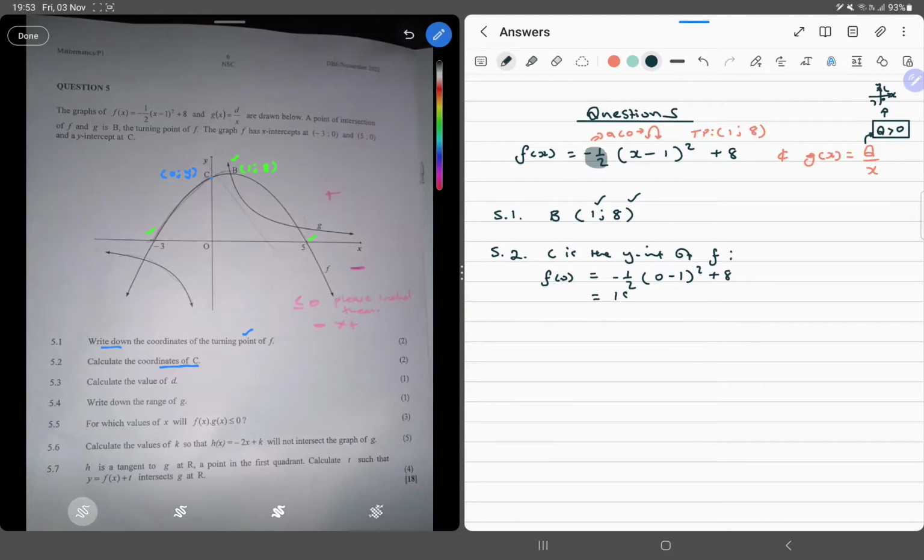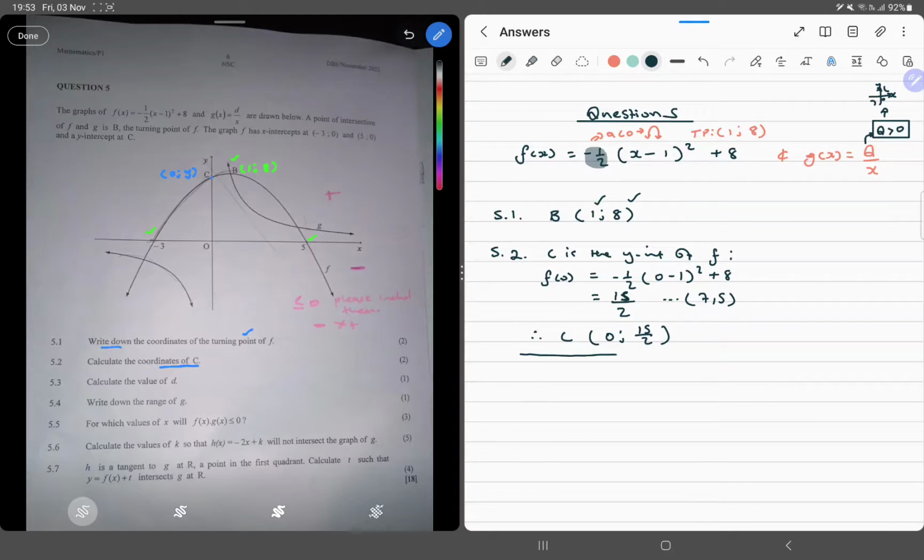So we're getting 15 over 2. So 15 over 2 is 7,5. So you can either write it as 7,5, it's still okay. So now what did we say? Coordinates of C. So therefore C is going to be this point (0; 7,5), or we can just write 15 over 2.